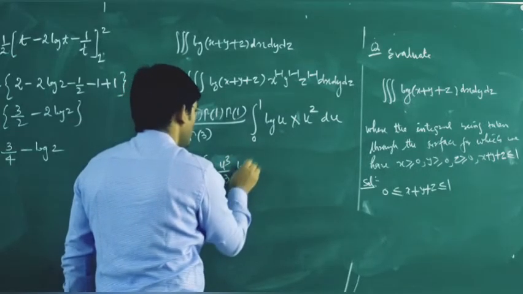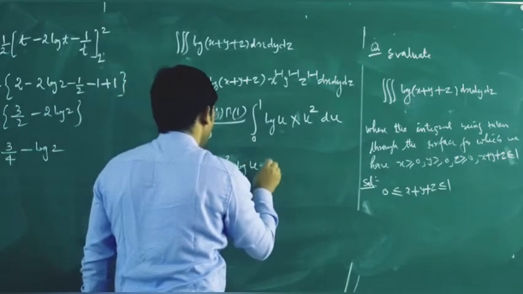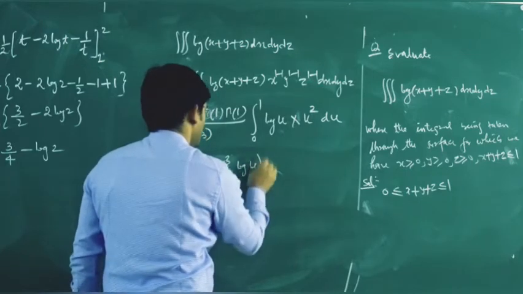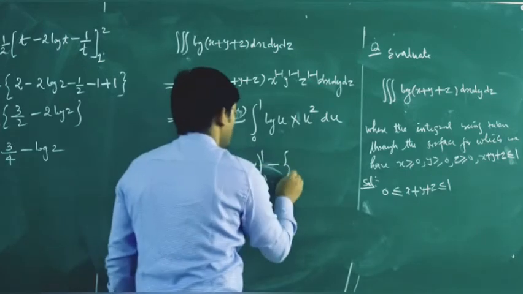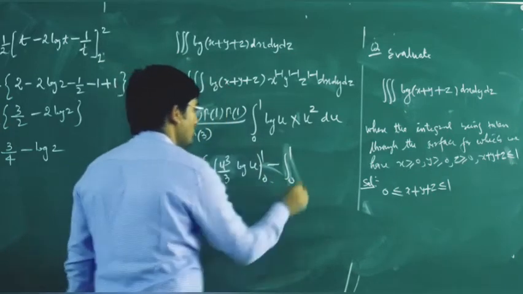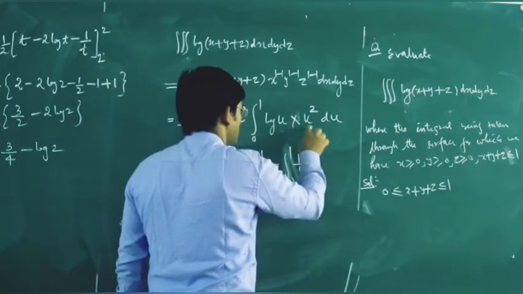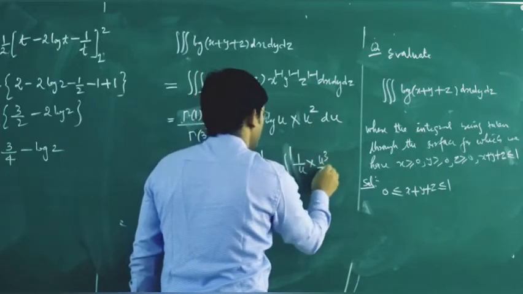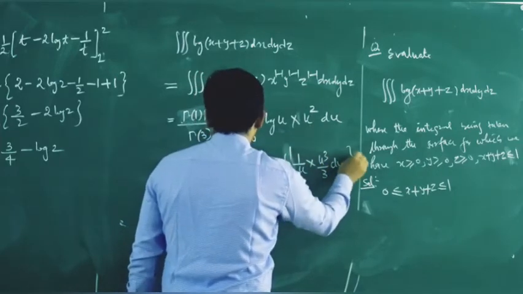So we have log u into u cube upon 3 with the limits from 0 to 1, then minus sign. Differentiation of log u will be 1 upon u, and then the integration of u square will be u cube upon 3 into du.